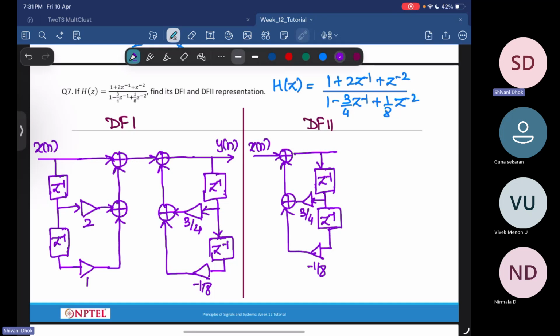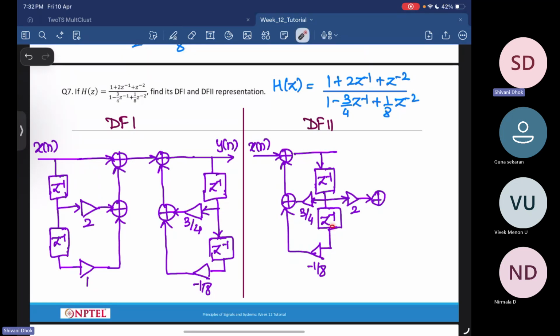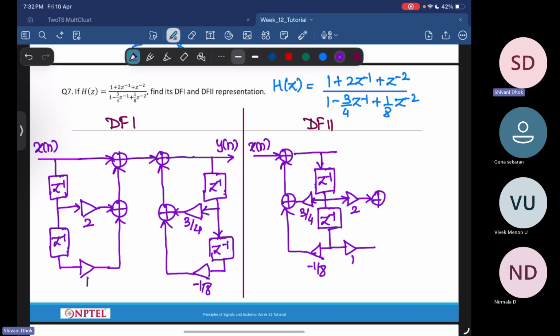Then from this delay, we'll pull out this branch. That is, you have 2. And then from this delay, we'll pull out this particular branch. And you'll simply add these two to get your output y of n. So this is your direct form 1 and direct form 2 representation of this particular system.